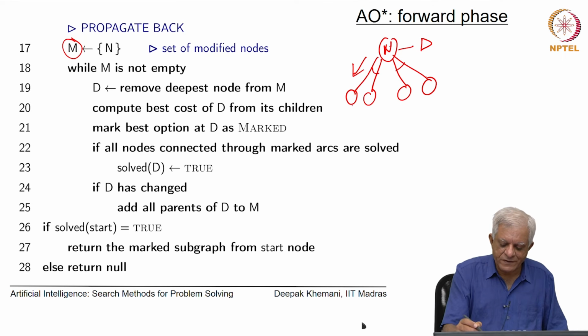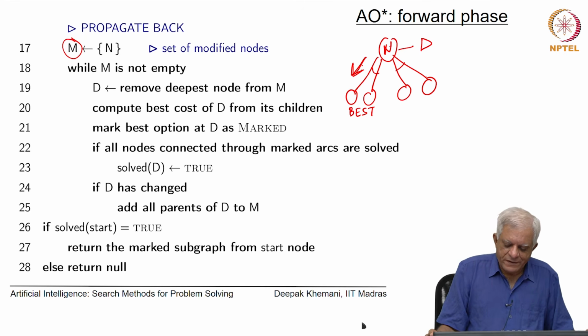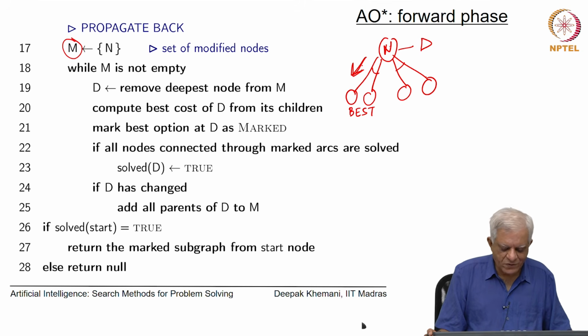So, if this is the best, then we put a marker saying that this is the best choice for the node n. And we have seen that if the best choices were marked solved, then we would also mark D as solved essentially.